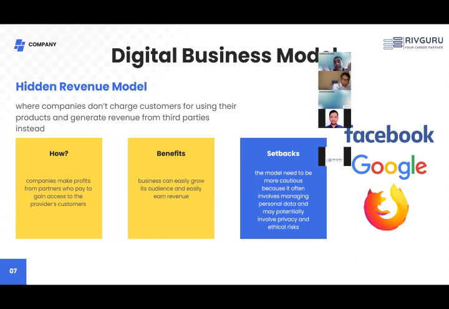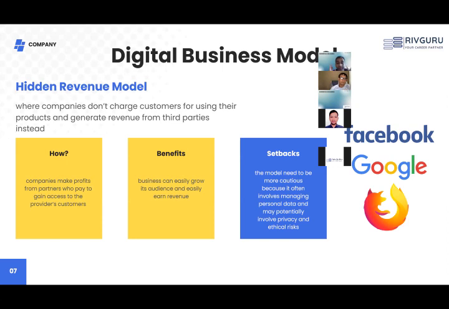Now, the second thing is the hidden revenue model, where technically the consumer doesn't pay anything, okay, but they make money through the data, or they make money from the third party. A classic example is all the health apps. If you see Google Health or Google Fit, if you have this app, Google Fit tracks all your data. They track your running data, your heartbeat, or you have Alexa, or they have a lot of these apps which collect all your data, and they say we'll give you all your data about your health, health screening, or I will tell you how your heartbeat is going.